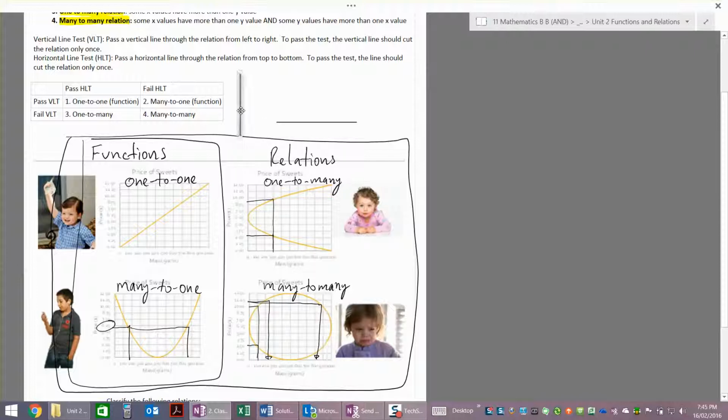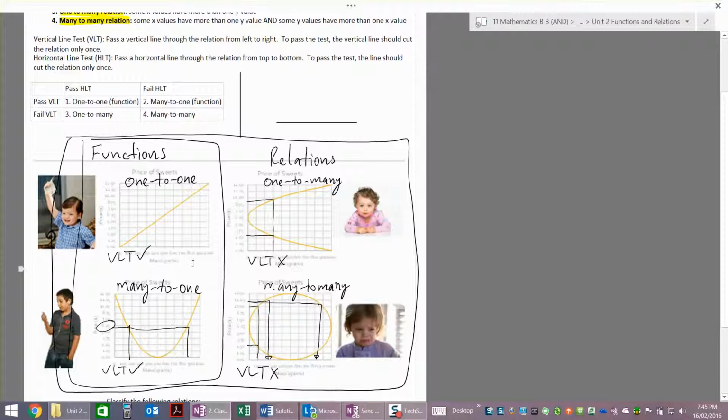So if I can make a little grid here: VLT good, VLT good, VLT bad, VLT bad.